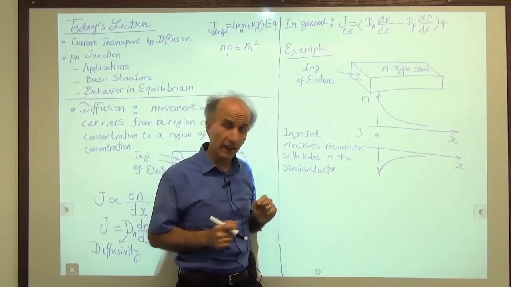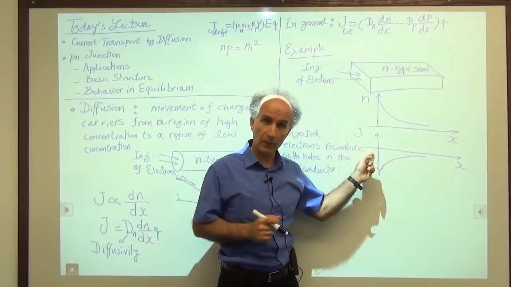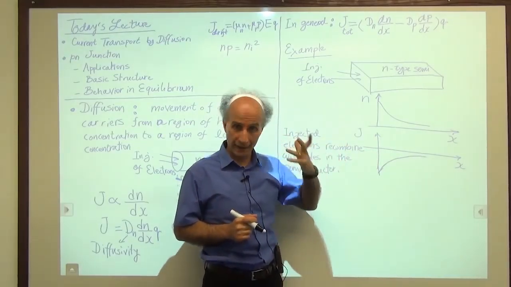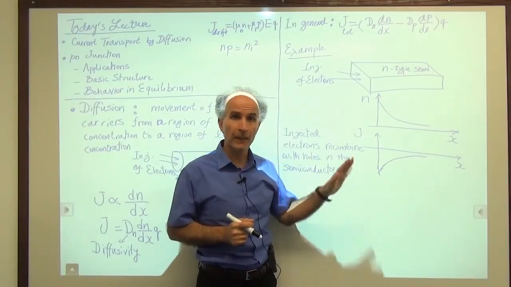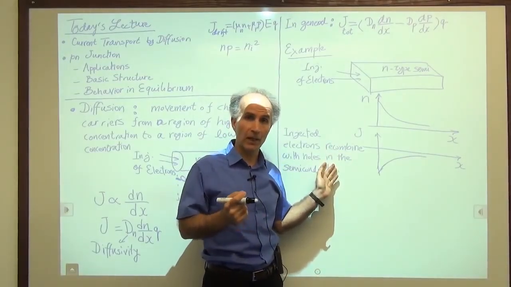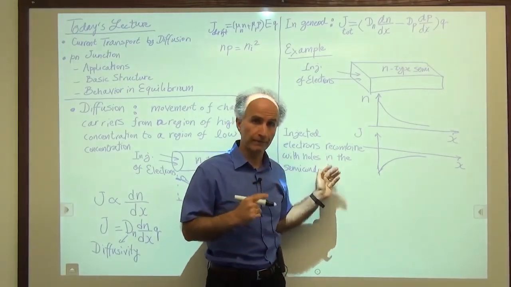So let's try the plots for the case that the density of holes is so small that there's not any significant recombination of the injected electrons with the holes.